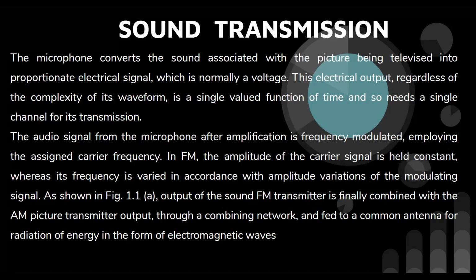Sound is very important, so note all of this for the transmitter as well as the receivers. In sound transmission, the microphone converts the sound associated with the picture that is to be televised or telecast. Quickly note down the key points from this slide on how sound is broadcast through your transmitter. Then we will move to the next slide.